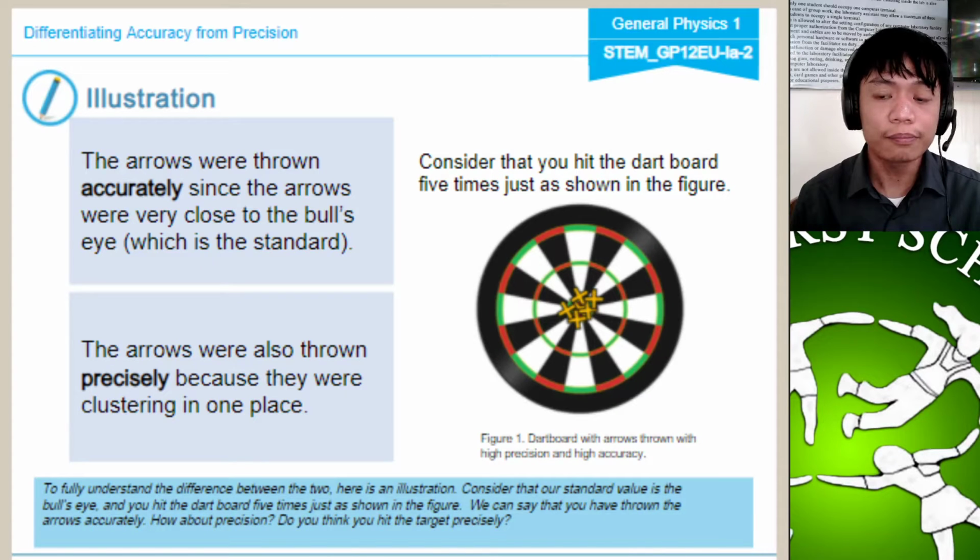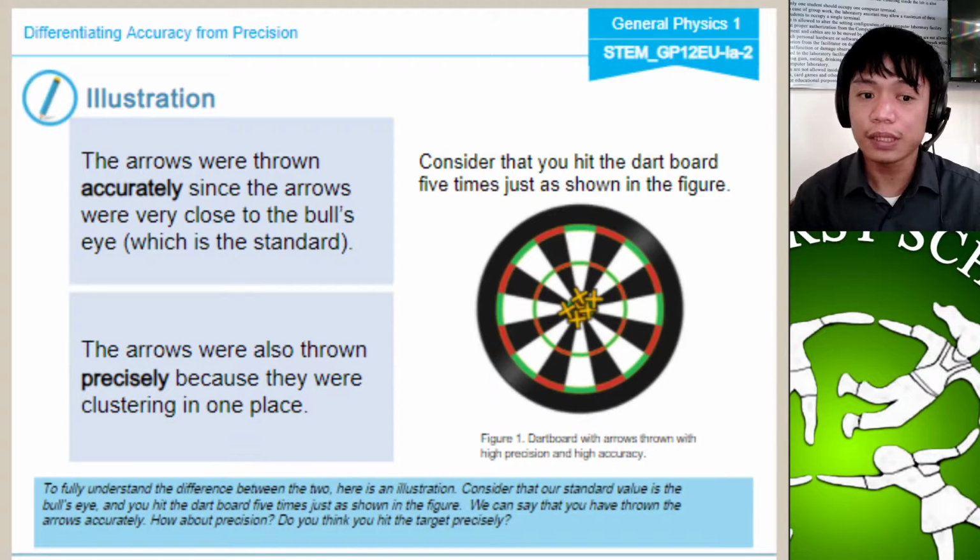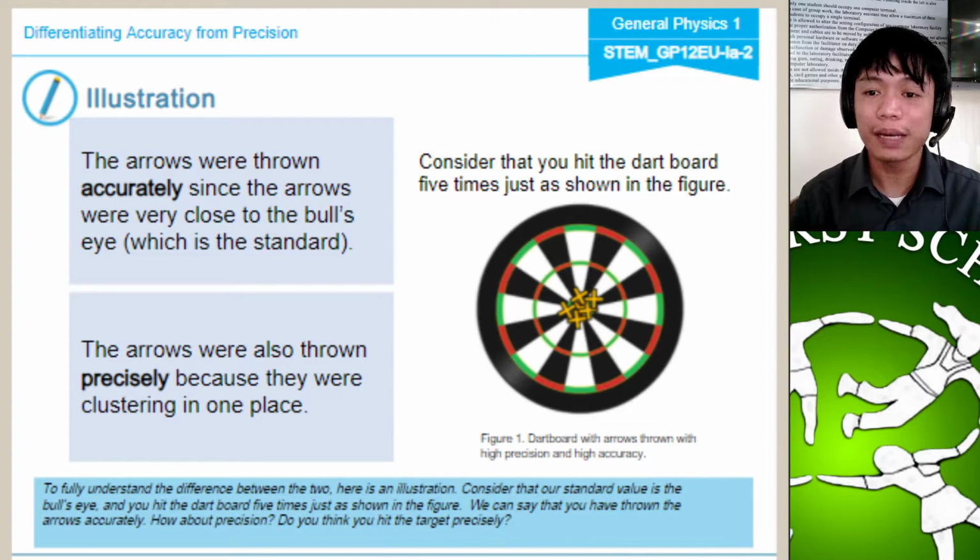So halimbawa, paulit-ulit mong tinamaan yung dartboard. And then, the arrows were also thrown precisely because they were clustering in one place. So ibig sabihin, they are grouped, mas malapit sila sa isa't isa. So that is precise.